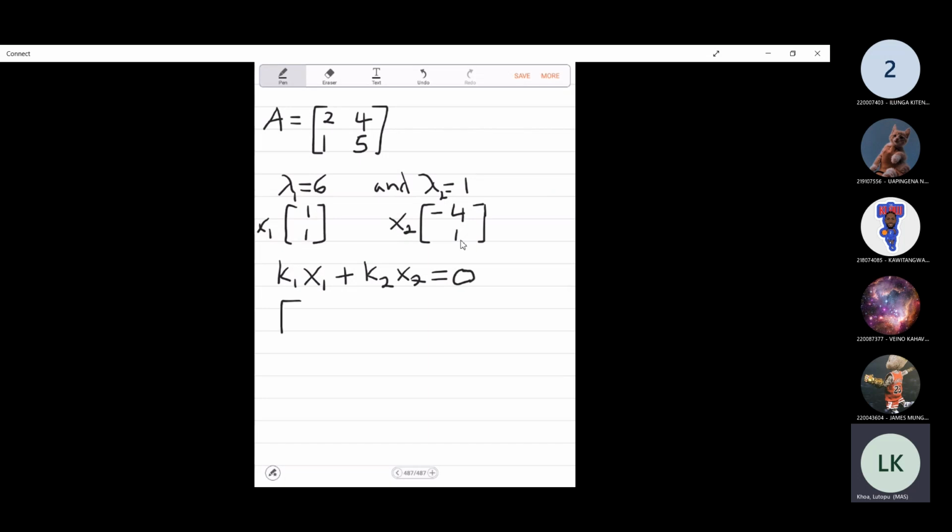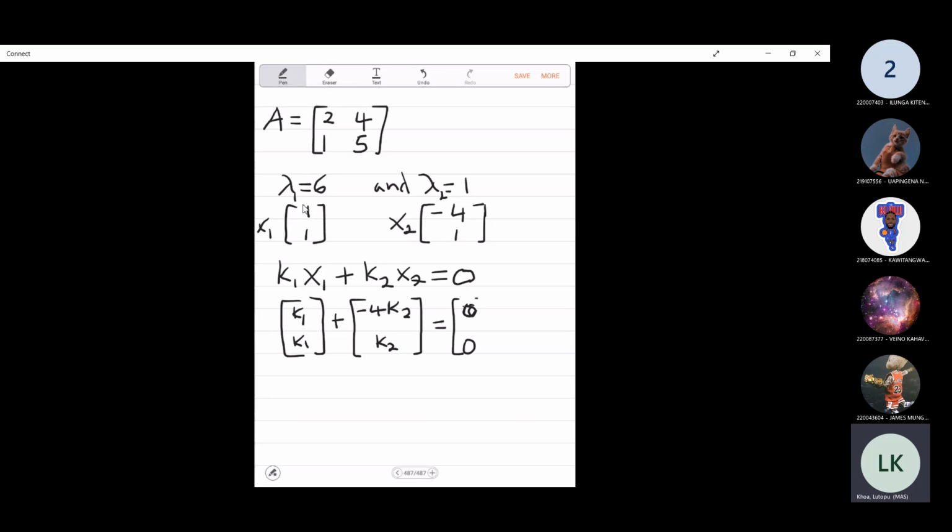So if we were to write this in matrix form, this would be k1 times 1, 1, plus k2 times -4, 1, and this is equal to our 0 matrix.